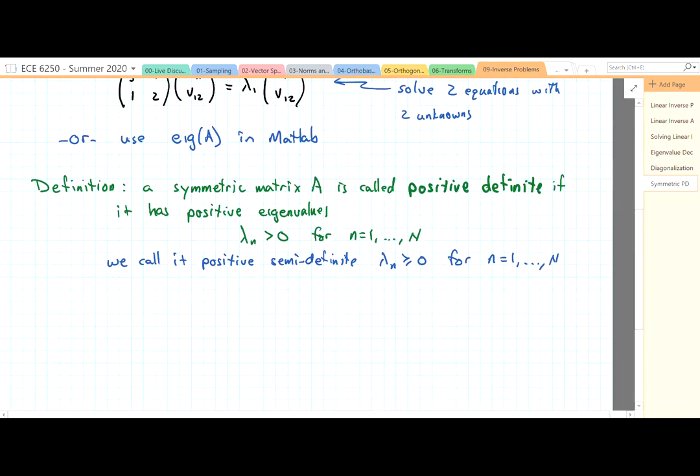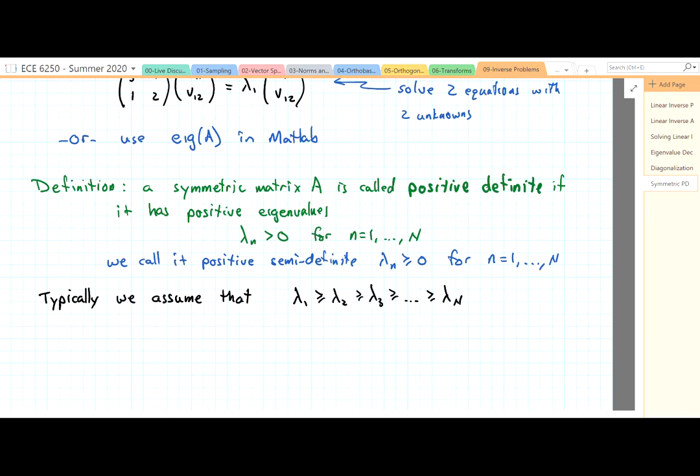Now, typically, and we will do this almost exclusively in this class, we assume that lambda 1 is greater than or equal to lambda 2, greater than or equal to lambda 3, all the way down to lambda n. So lambda 1 will be the largest eigenvalue.